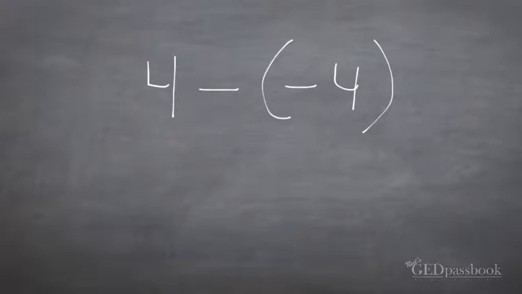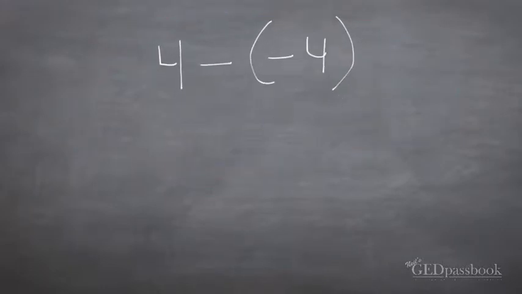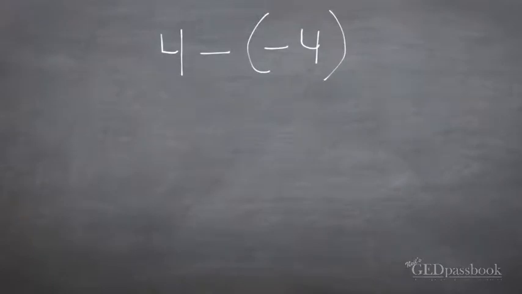That means you literally rewrite this problem into an addition problem. But when you do that, you have to change a couple of things and keep a couple of things. This first part, the first number, you're always going to keep it the way it is. 4, right?